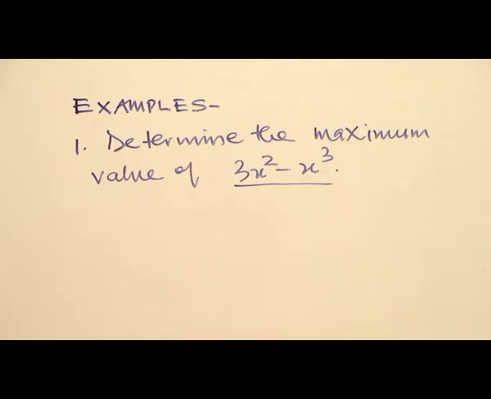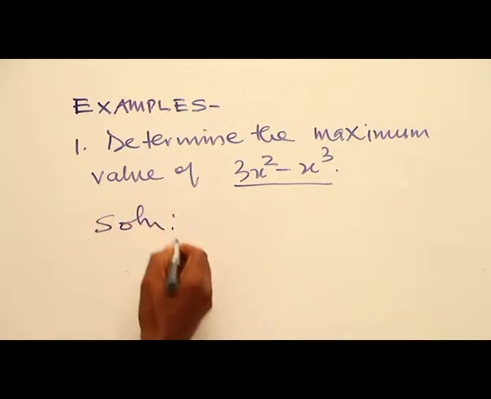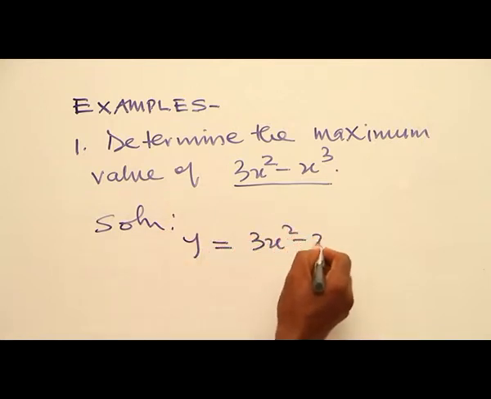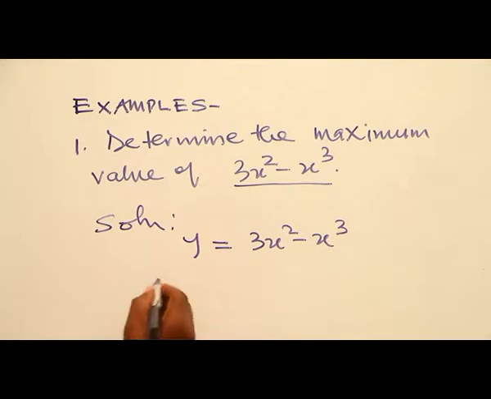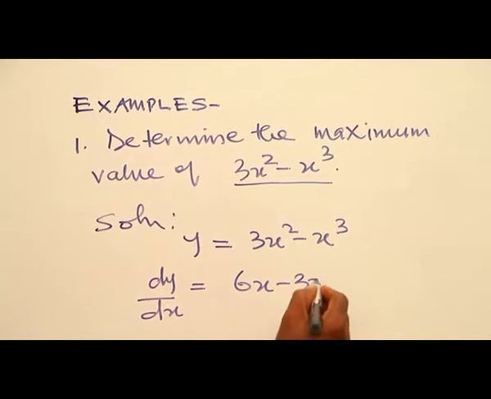The first thing we do, remember, is that for maximum or minimum, dy over ds must be equal to 0. So, in our solution, we let y be equal to 3s squared minus s cubed. Then we find dy all over ds, which is equal to 6s minus 3s squared.